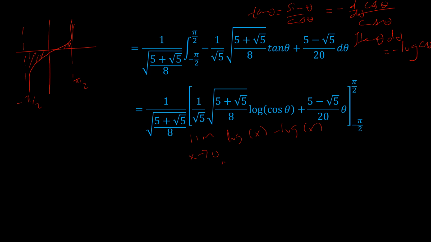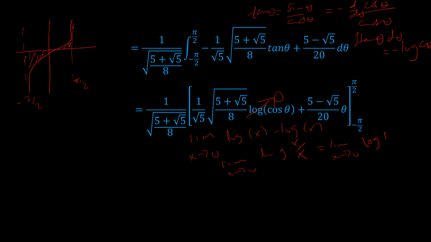Which is the same as limit as x tends to 0 of log x over x, which equals limit as x tends to 0 of log of 1. So in other words, putting in these limits, this part here tends to 0.